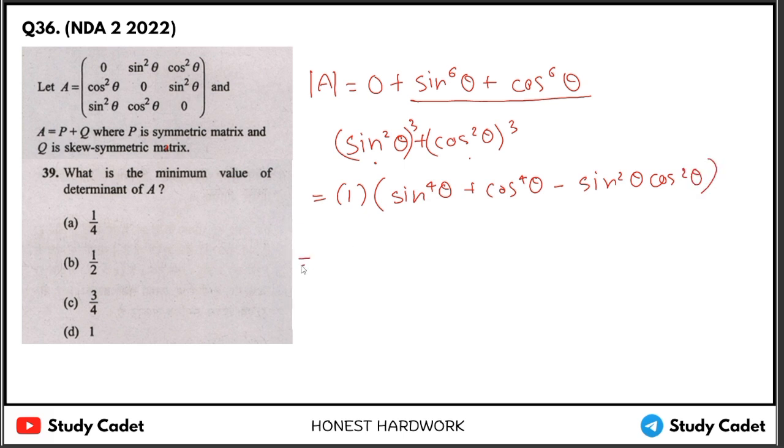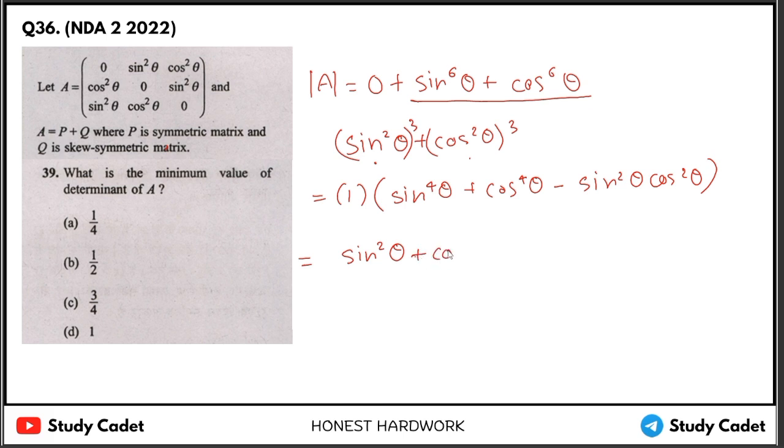We can simply write it as (sin²θ + cos²θ) or minus cos²θ also.